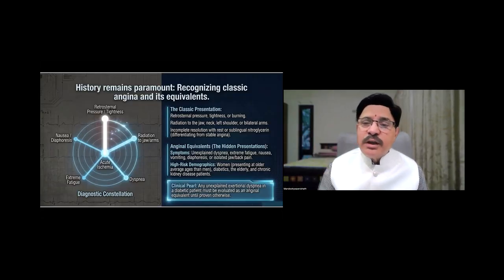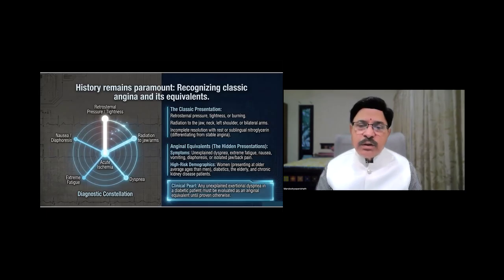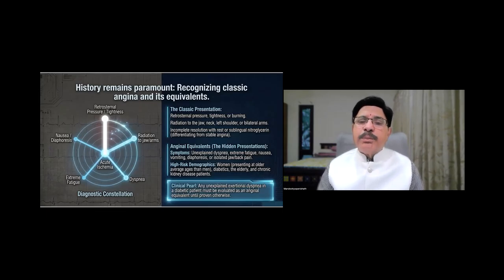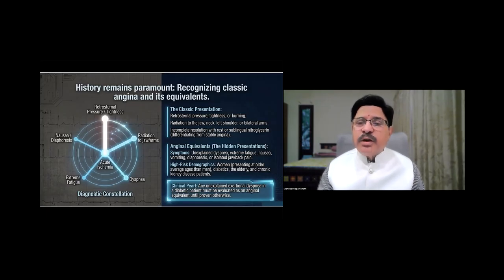What are angina equivalents? Unexplained dyspnea, extreme fatigue, nausea, vomiting, severe sweating, diaphoresis, isolated jaw and back pain. Several patients have come with these symptoms. We diagnosed acute coronary syndrome, unstable angina, progressing on to NSTEMI.